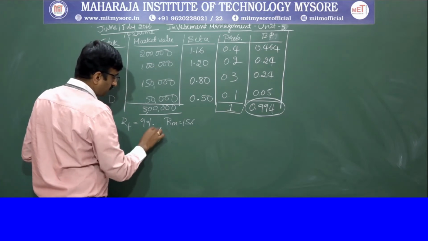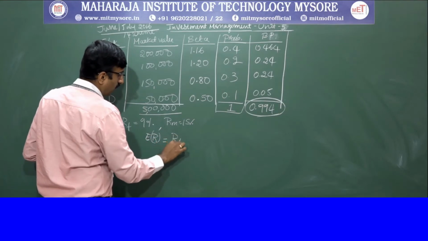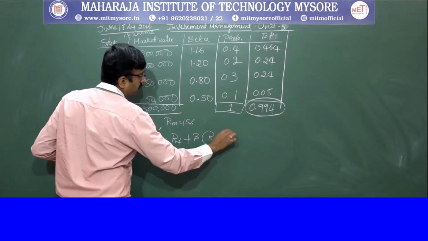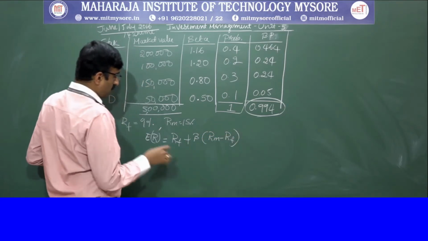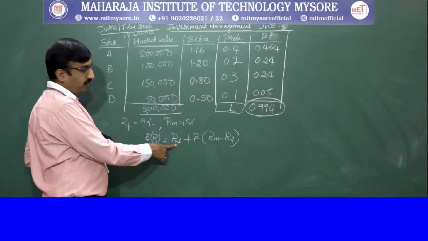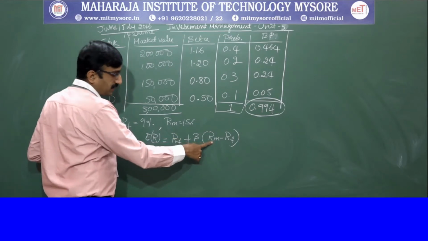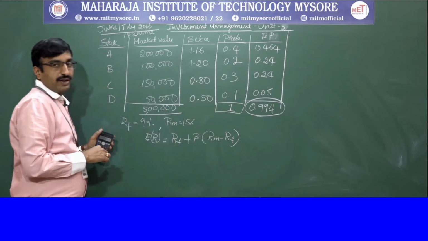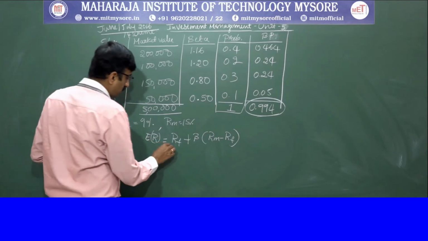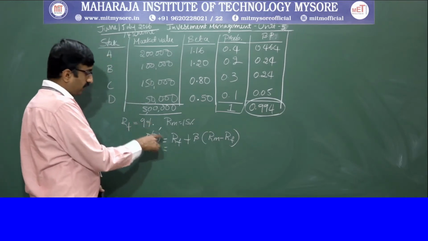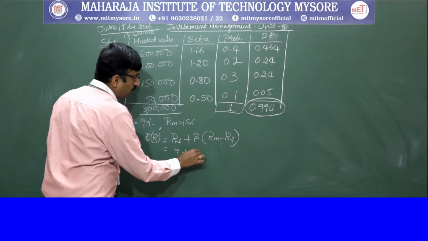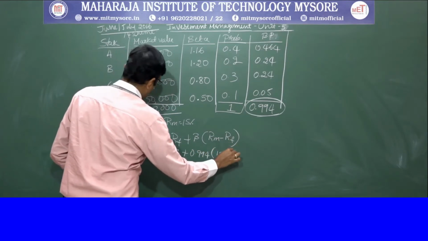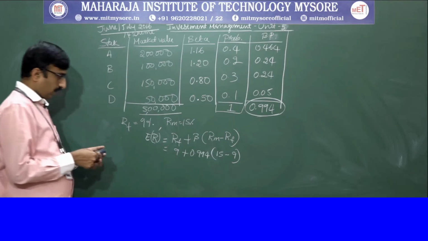Expected return is equal to RF plus beta into RM minus RF, where RF is the risk-free rate of return, B is beta, and RM is the return on the market portfolio. RF is 9, beta is 0.994, RM is 15.